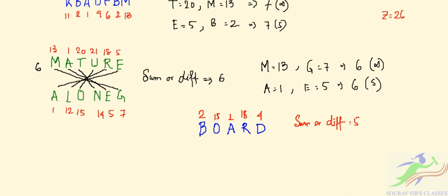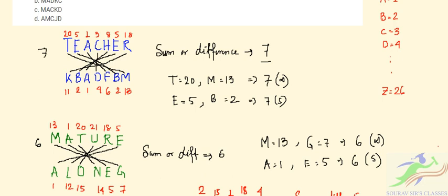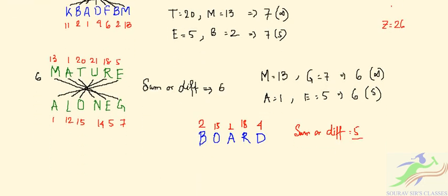So it can be sum or difference. So we have to check with the options now. So the sum or difference will be 5, and also the number of alphabets in BOARD is 5. So if we do this comparison, we can just check with the options.